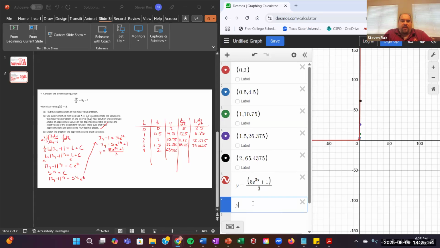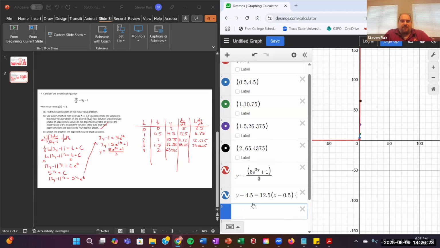So y minus 4.5 equals 12.5 times x minus 0.5. And I want to graph that from 0.5 less than or equal to x less than or equal to 1.